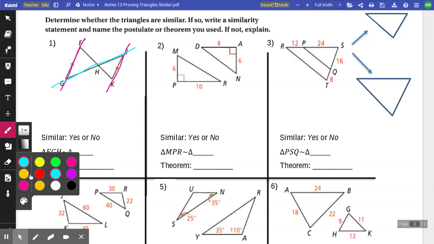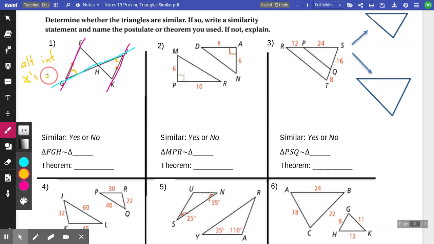With that transversal, we have some angles on either side of it, such as this one and this one. They're on opposite sides of the transversal, and they are between our parallel lines. If you recall, those are called alternate interior angles. And what we had decided in the past was those have to be congruent when two lines are parallel.